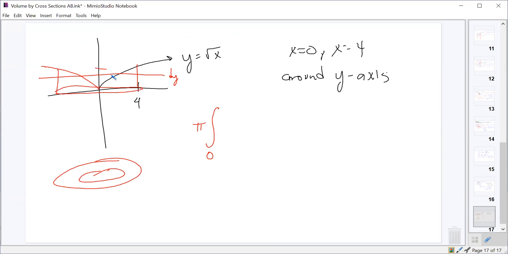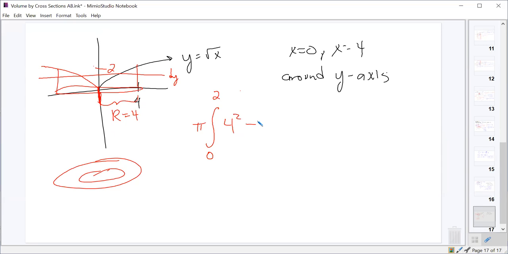What's the highest value up here? 2. Integrate from 0 to 2. Well, our outer radius extends from here always over here to x equals 4. So what's that total distance? 4. So our outer radius is 4.